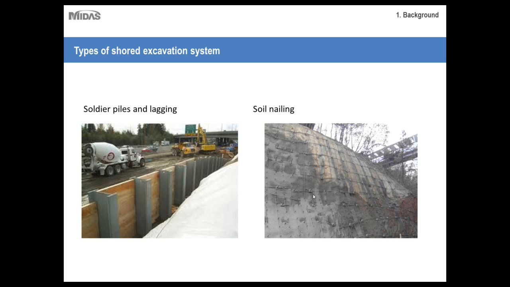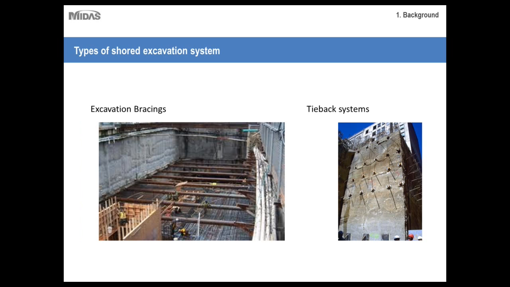Then another way of supporting the excavation or the wall is soil nailing, where we use long rebars or iron nails to hold the slope in place, and this type of method is useful depending upon the slope of the system.